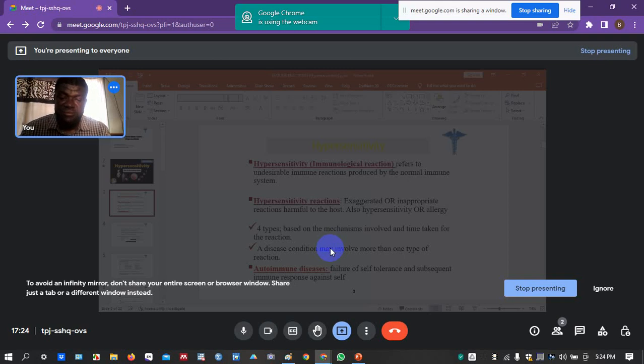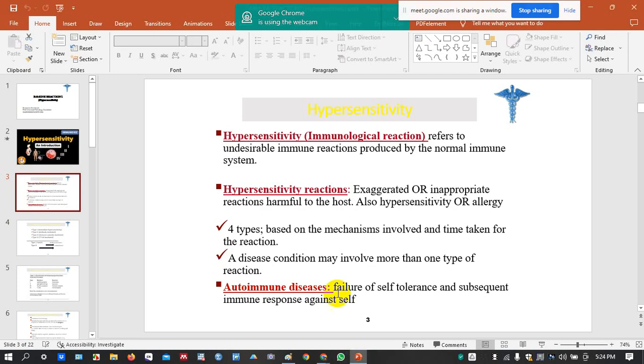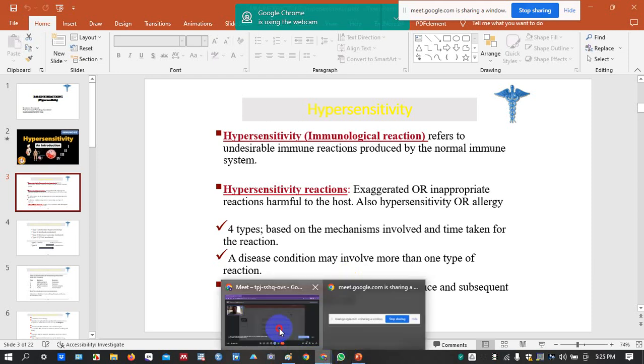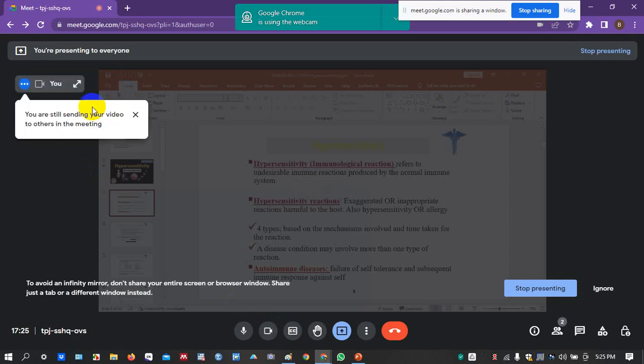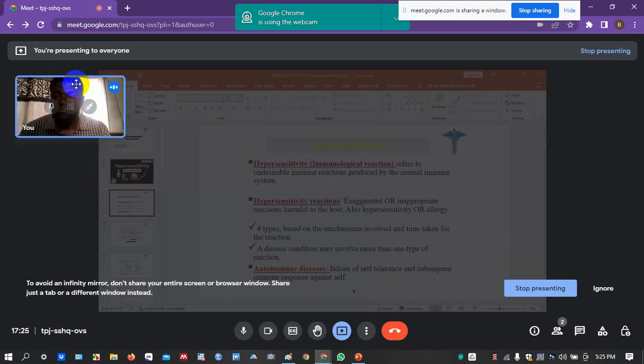Pulmonary diseases, just because I inhaled dust particles or pollen grains. So there are some times that your own antibodies will tend to fight against your own cells.